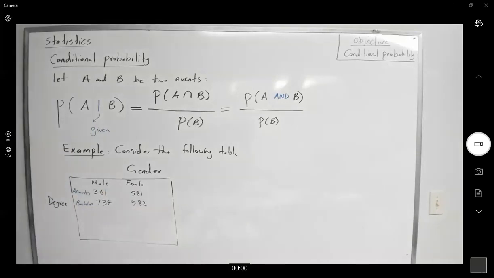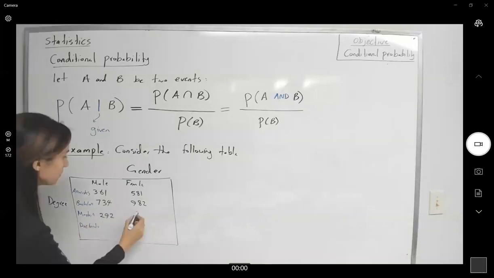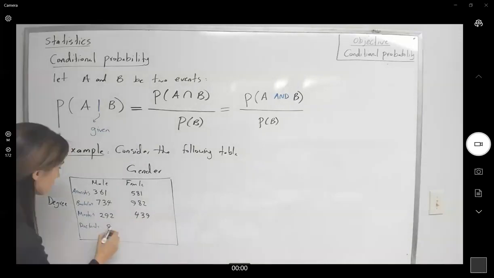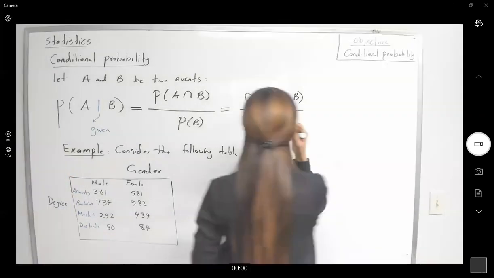Then for master's degree, and then finally PhD. We have 292, 439, and I have 80, 84. So we're going to answer these questions.